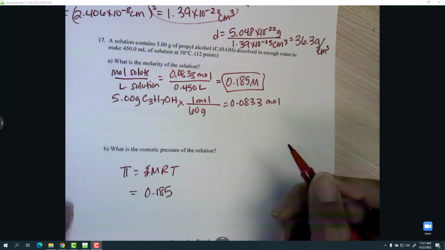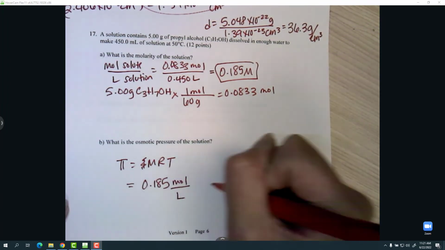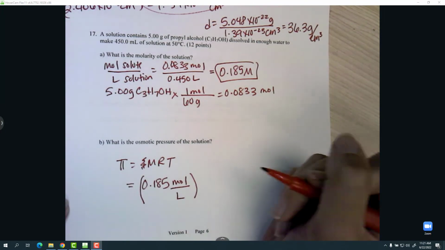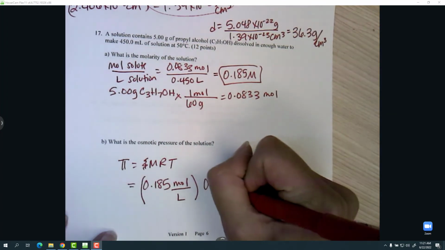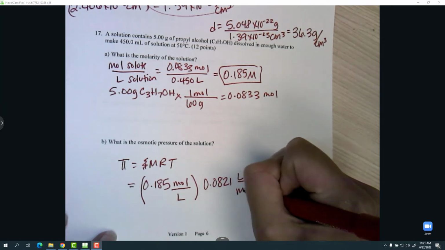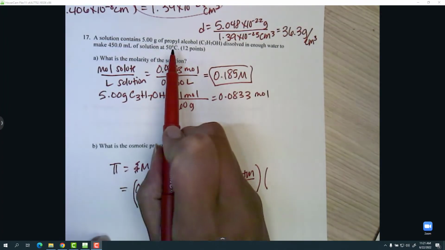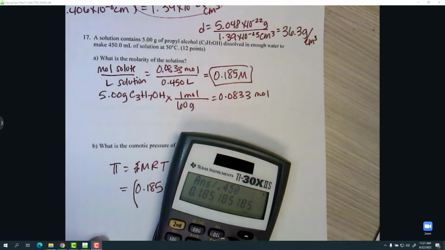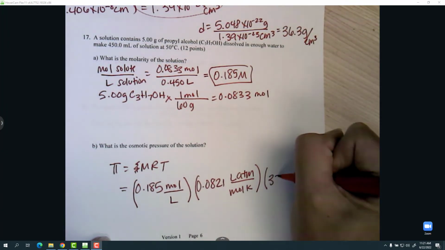I'm going to write the molarity out as moles per liter just so I can look at my units really carefully. I want an answer in a pressure unit, so I'm going to choose my R that is in atmospheres here, so 0.0821, liters and atmospheres on top, moles and Kelvin on the bottom. And then my temperature was 50 degrees Celsius, so I need to convert that to Kelvin.